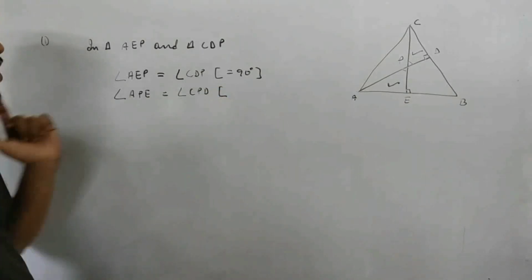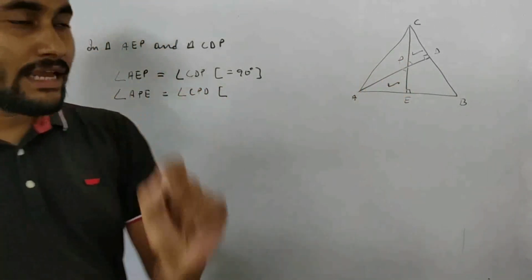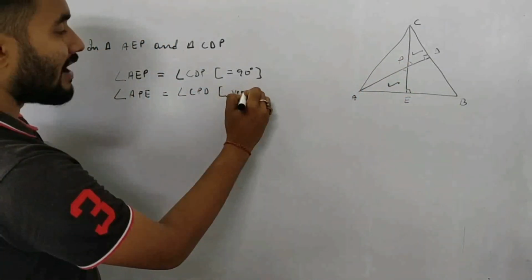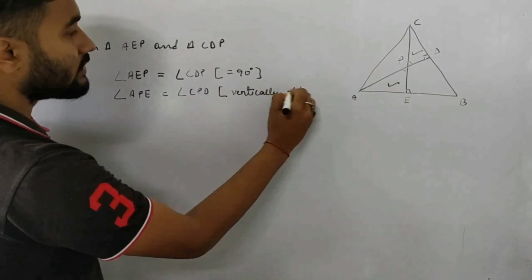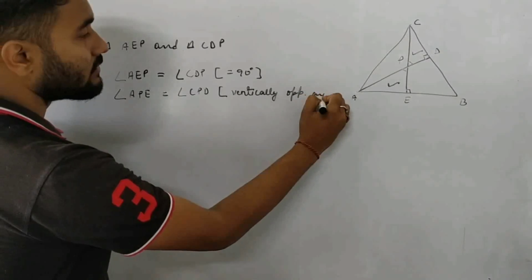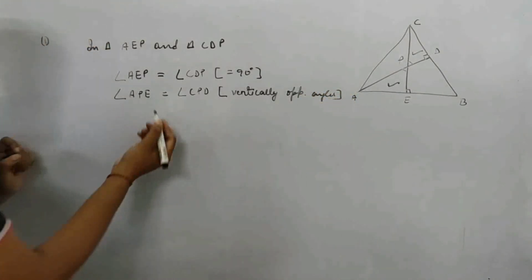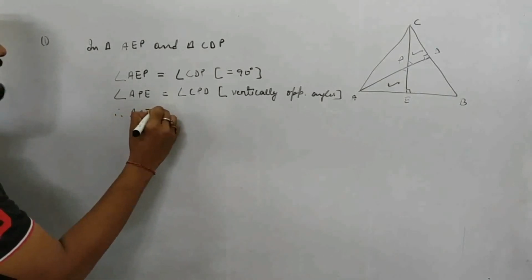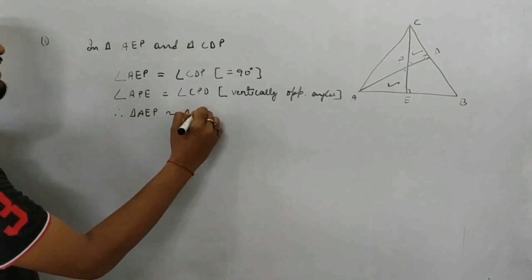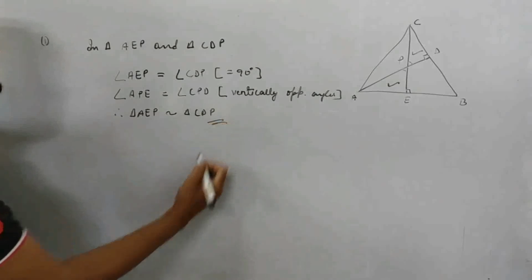What will be the reason? Not common angle, but vertically opposite angles. Done. We need only two. So therefore, triangle AEP is similar to triangle CDP. Done. Like this you have to do.